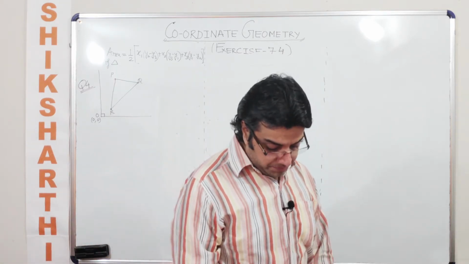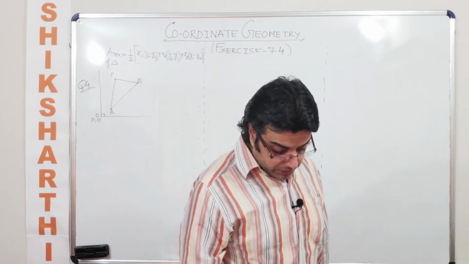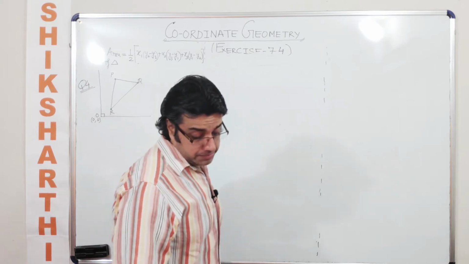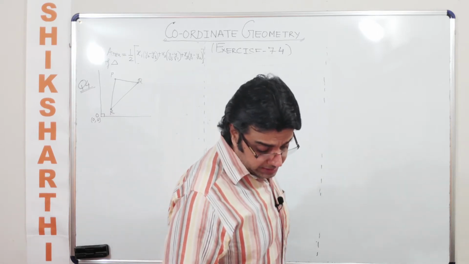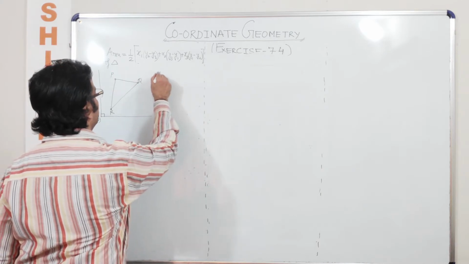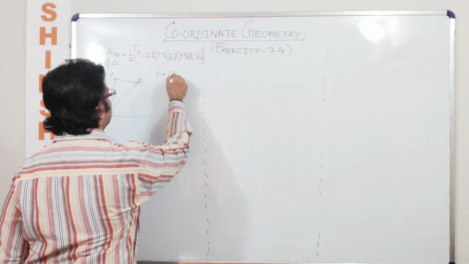We can. If I see the coordinates of P, the coordinates are 4, 6. So I'm writing it down here. Let's say P is 4, 6.